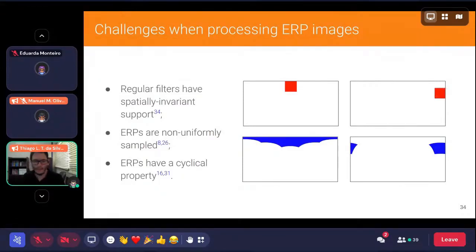But for the ideal kernel in rectangular image processing, we need to make some kind of padding as well, but copy the information from the other border. So we need to perform this kind of circular padding.